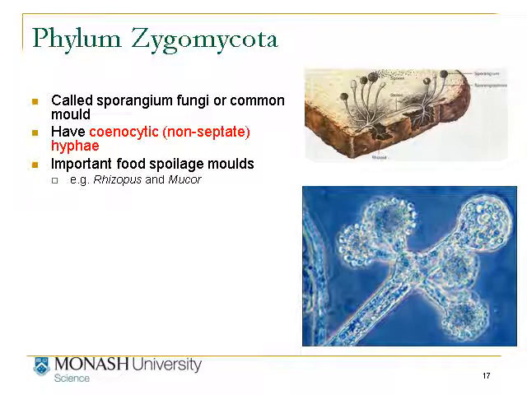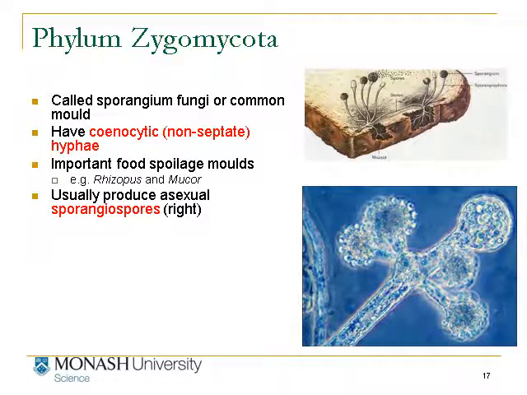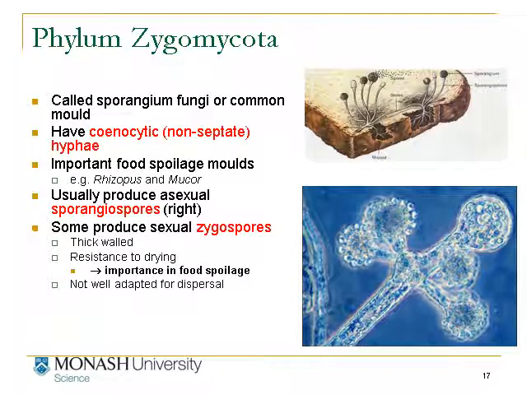They are important food spoilage molds, for example Rhizopus and Mucor species. They usually produce asexual sporangiospores, as shown in the right picture. Some produce sexual zygospores, which have thick walls and resist drying, but are not well adapted for dispersal. But their resistance to drying is an important characteristic when we talk about food spoilage.